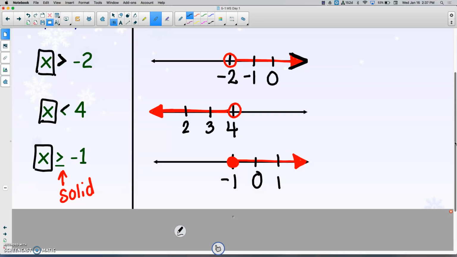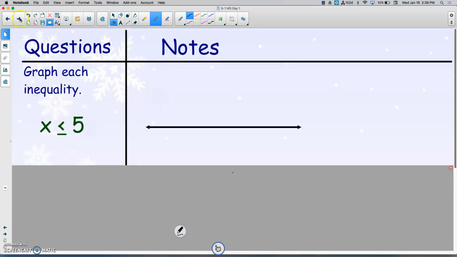The less than symbol, similarly, matches right here, it goes to the left. The direction that your symbol points matches. The inequality symbol matches the ray on your number line, as long as your variable is on the left-hand side.